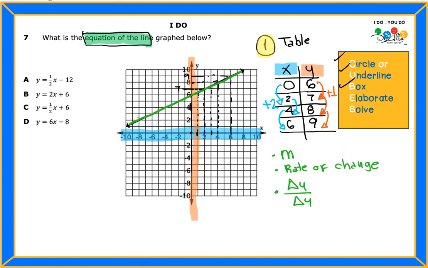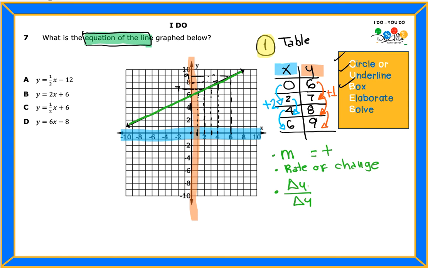It's gonna be positive because we can see that the values are increasing. The line looks like it's going up. Great. So this value of m for sure is gonna be positive because the line is going up. So I know it's gonna be positive.